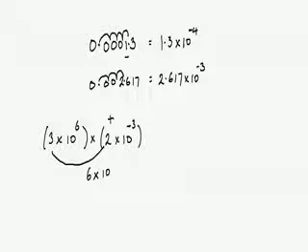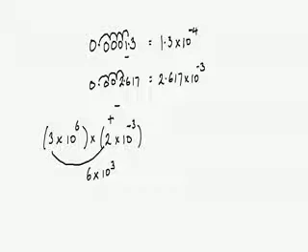So a positive and a negative gives us a negative. Remember, different signs always negative, same signs always positive. So the plus and the minus will give us a minus. So now I just read 6 minus 3 gives me 3. Okay.